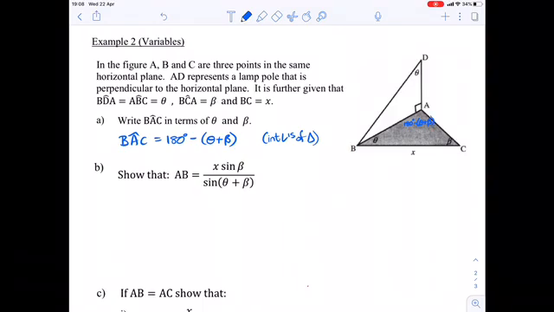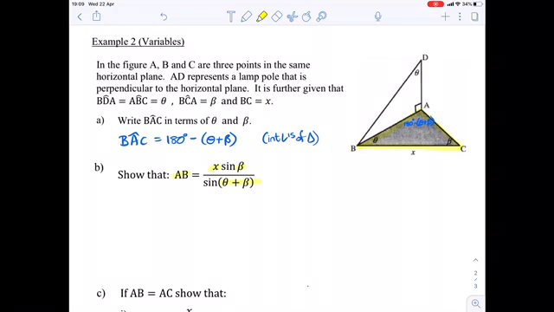Next one, show that AB is equal to x sine beta over sine theta plus beta. So we're looking for AB. AB is that line over there. We need to use the x, which is over here, and at this stage you should be able to see that we are going to be using this triangle because triangle ABC has the theta plus beta that we've just worked out.